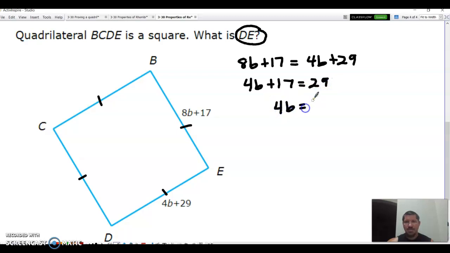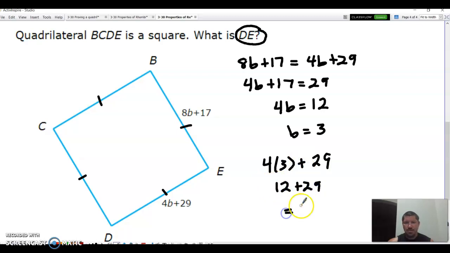Subtract the 17, 4B is equal to 12, divide by 4, B is 3. Make sure you read carefully so you know if you can stop here or not. In this instance, we cannot. So I'm going to take 3 and put it in for B here. So 4 times 3 plus 29 is 12 plus 29 or 41.